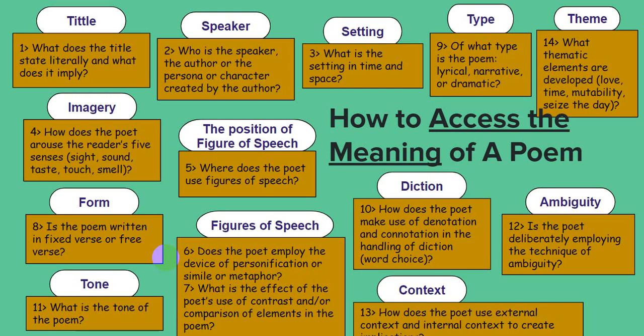Number 13, ini mengenai konteks. Bagaimana konteks yang dibangun oleh penulis puisi? Apakah internal context atau external context? Maksudnya internal context adalah konteks yang ada dalam dirinya. Seperti curhat. Tapi kalau external context, it will be related to something outside.